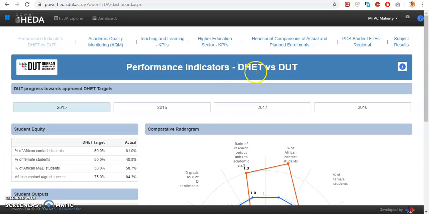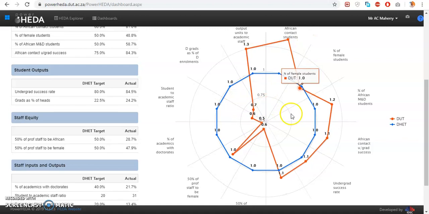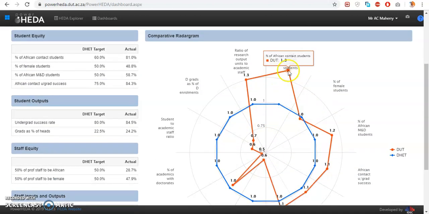We can have a look at your performance indicators, which is the Department of Higher Education and Training versus the DUT. This is a radar graph, and it shows you where DUT is exceeding or underachieving on some of the targets. So you can see, for example, here, DUT has exceeded the requirements in terms of the percentage African context students compared to the DHET target.